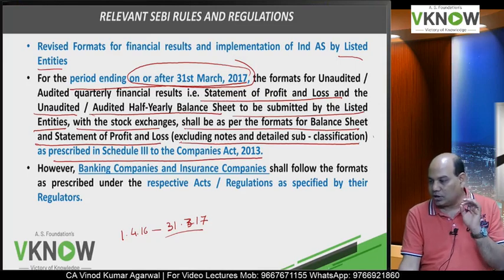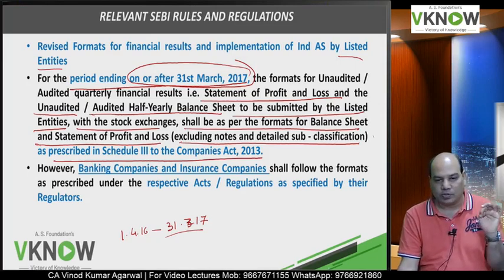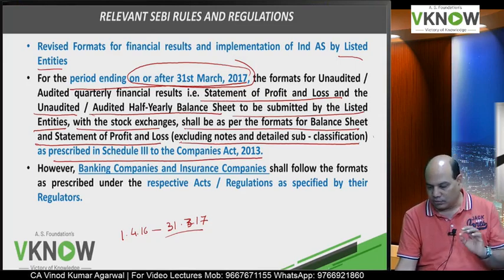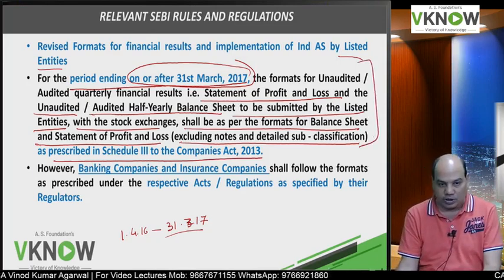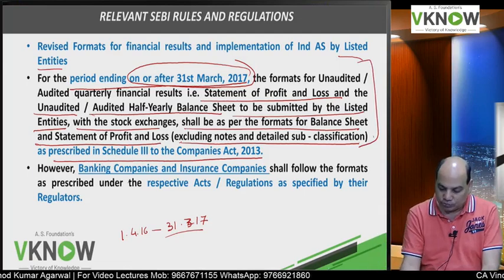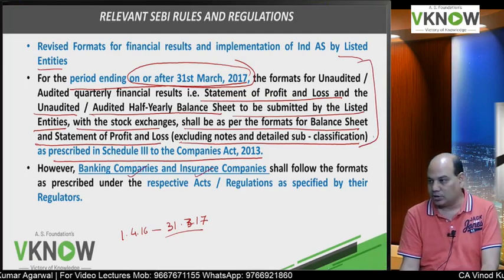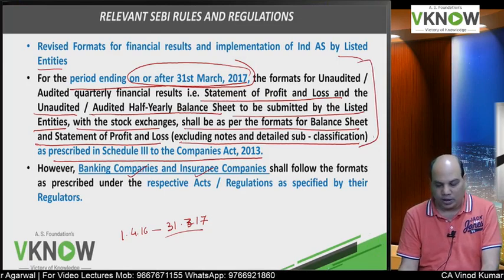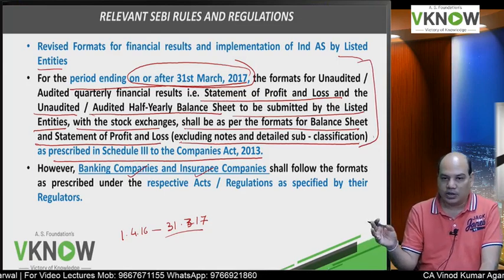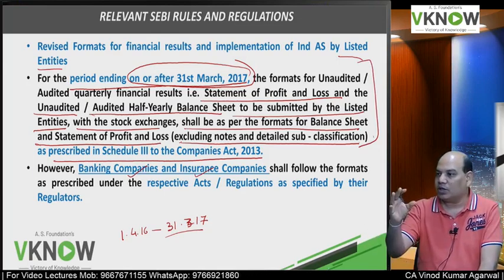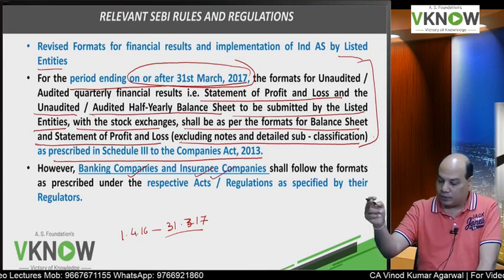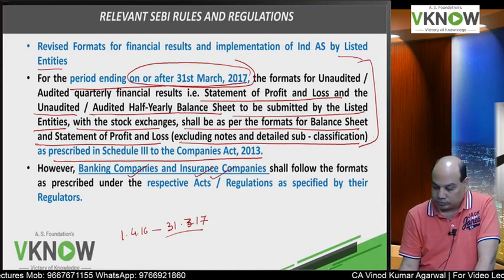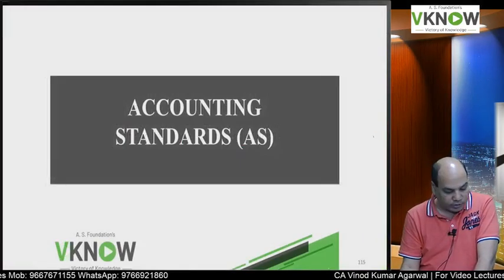So the financial statements submitted to the stock exchange will be as per Schedule 3, but this is not applicable to banking and insurance companies, because in India banking companies follow a different format. Some of you may have studied that in your intermediate also. Similarly, there is a different format for insurance companies also. So they will give in that format.